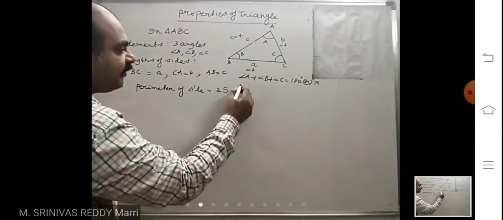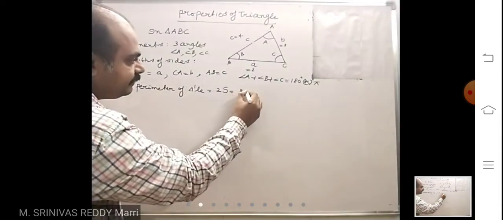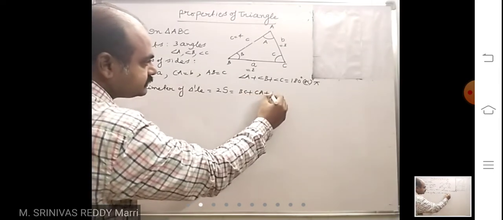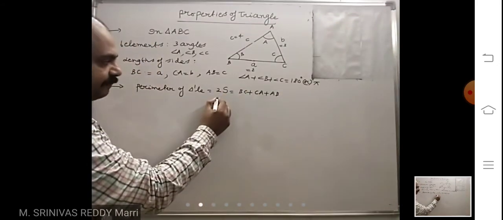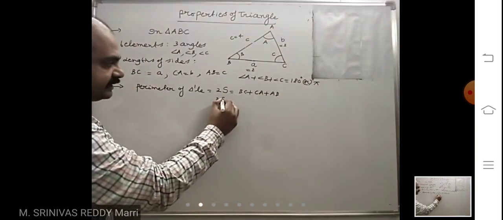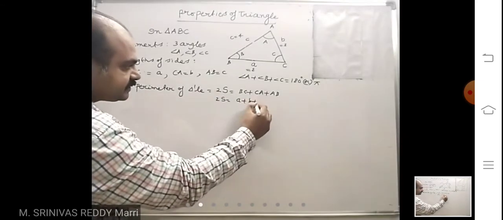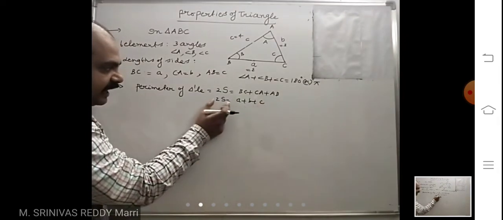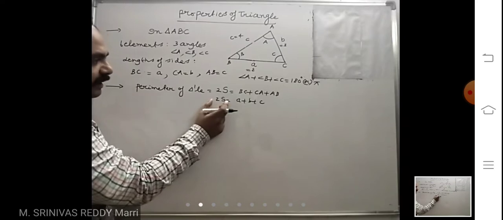That is the sum of all the lengths: BC length plus CA length plus AB length. This is called the perimeter of the triangle. Wherever a plus b plus c is there, a plus b plus c equals 2S. This 2S is called the perimeter of the triangle.